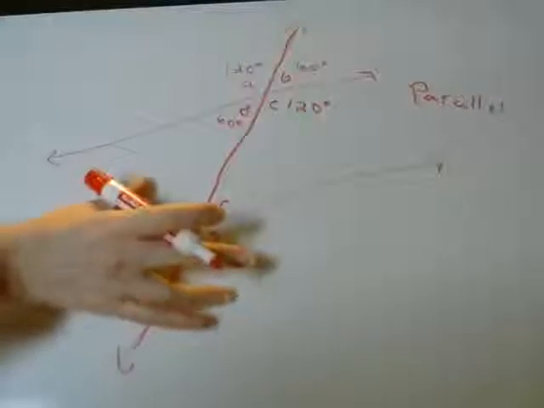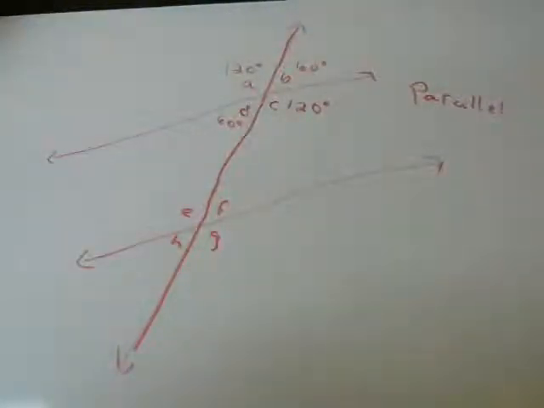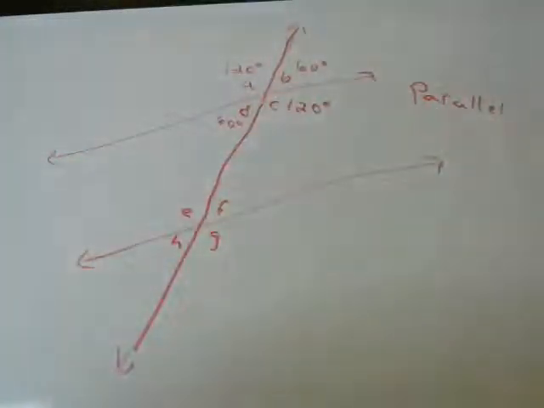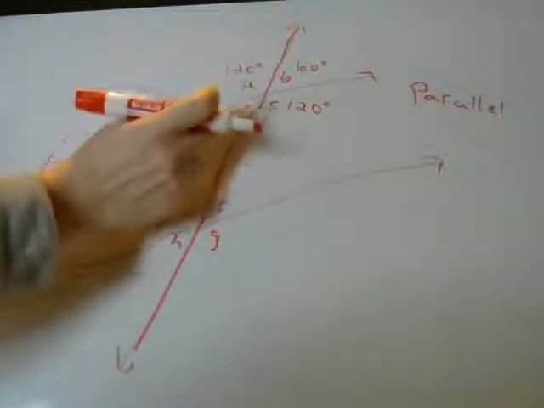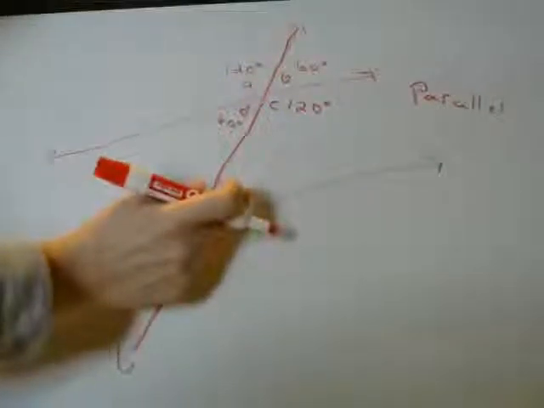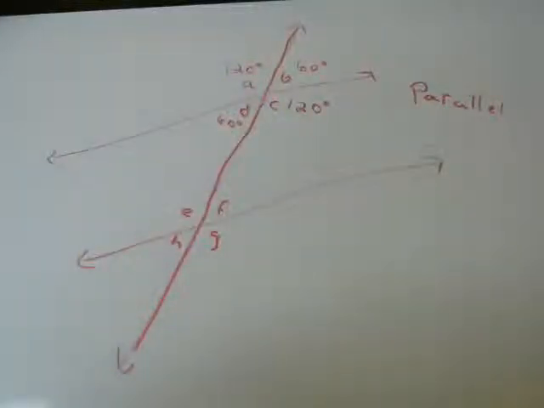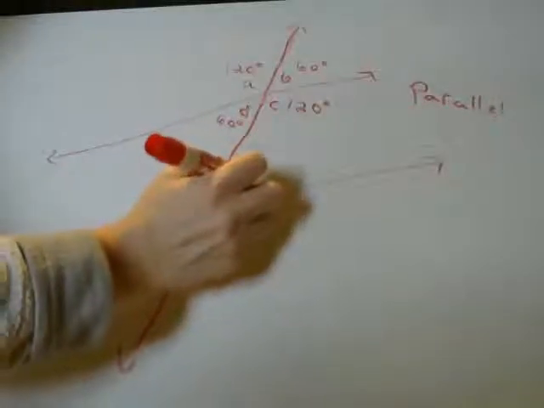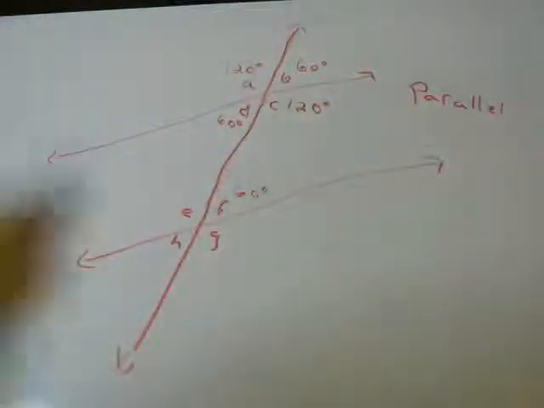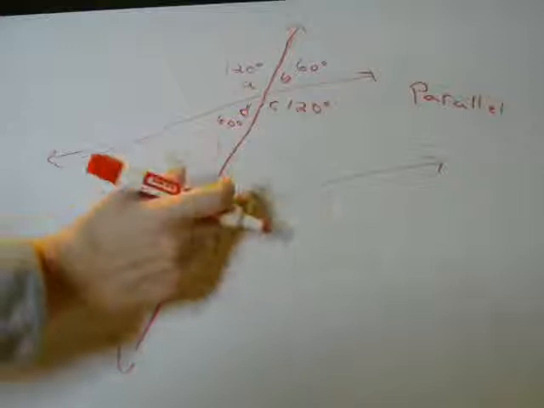But now we can also generate information about these angles down here. So now, as long as these two lines are parallel, and that is of critical importance, now we have cross angles. So angle D and angle F are going to be the same as well. So if angle D is 60, angle F is 60 degrees. And that's really all we need to know.